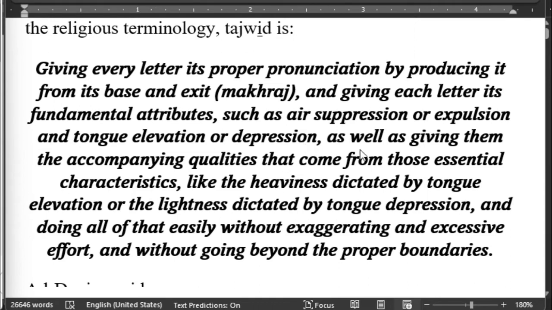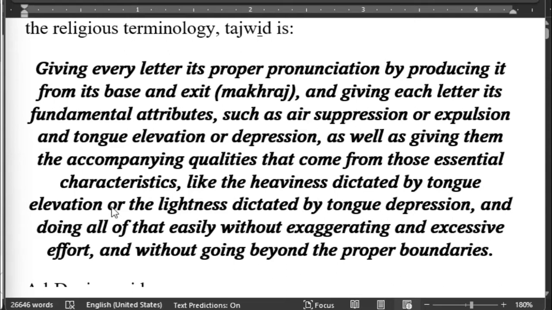So part of tajweed is also giving the letters their accompanying qualities or secondary qualities that come from those fundamental attributes or essential characteristics, like the heaviness that's dictated by tongue elevation.